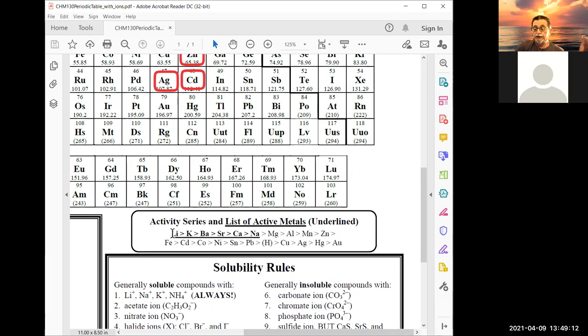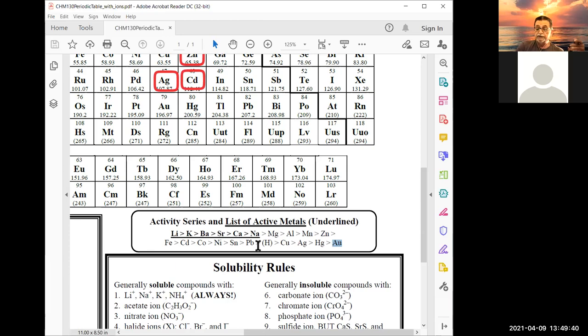There are 2 levels here, all crunched up, but you could stretch them out. On the far left is lithium, which I just highlighted. That is the most reactive metal there is. Lithium is more reactive than potassium, which is more reactive than barium, and it goes on until you get all the way to the end where you find gold. Gold is the least reactive metal.